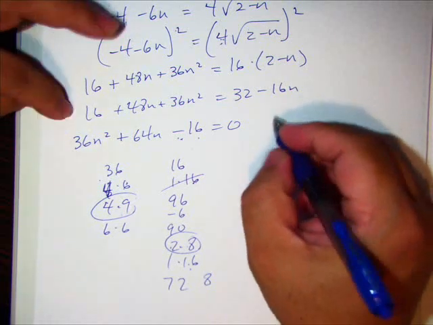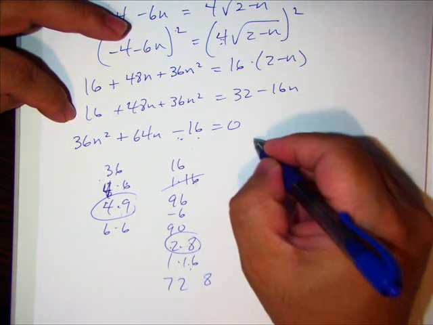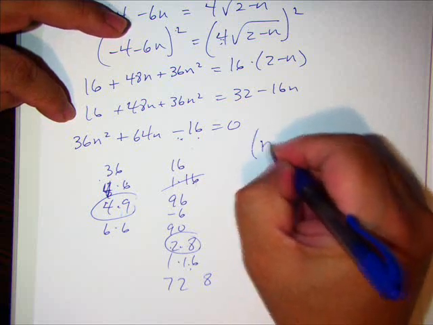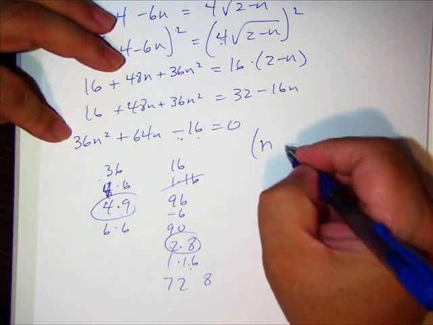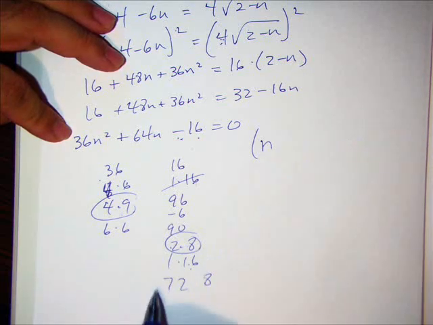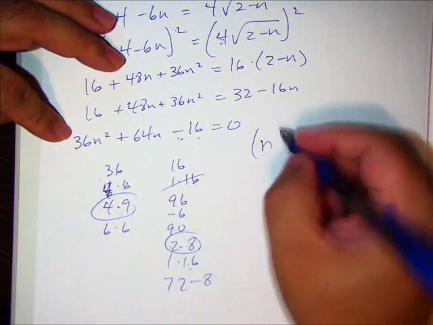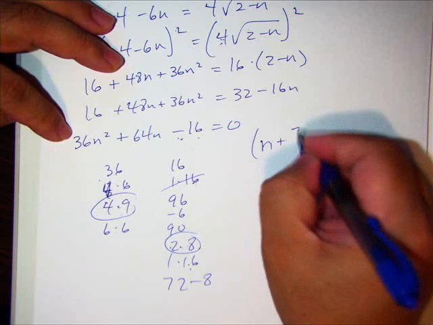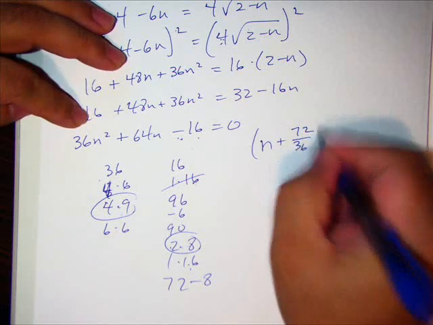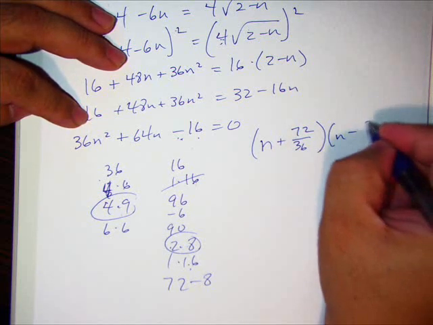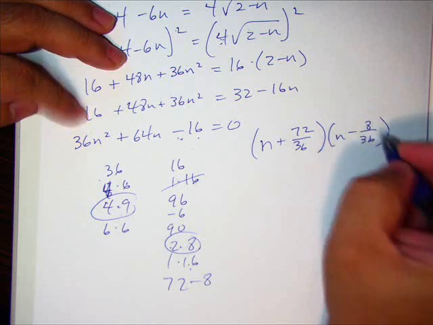Okay. So, Lizzie's method. Which one do I want negative? I want 8 to be negative. Alright. So, plus 72 over the leading coefficient of 36, and minus 8 over 36.